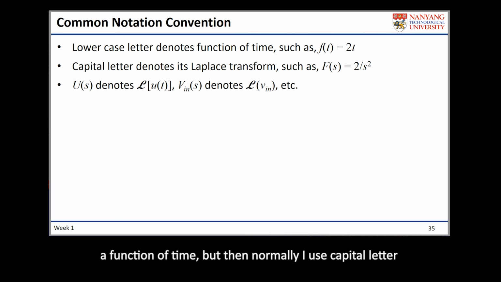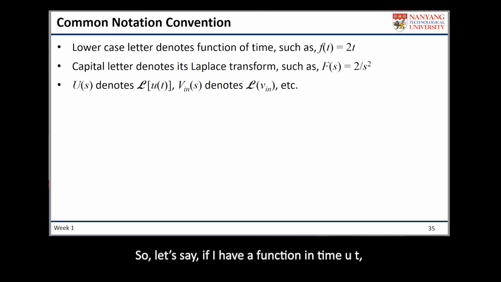But then normally I use capital letter to denote a function in Laplace domain. So for instance, if I have a function in Laplace domain, I normally indicate it with a capital letter F. Function of Laplace s, F(s) is equal to 2 over s squared. This is just an example of a Laplace domain function.